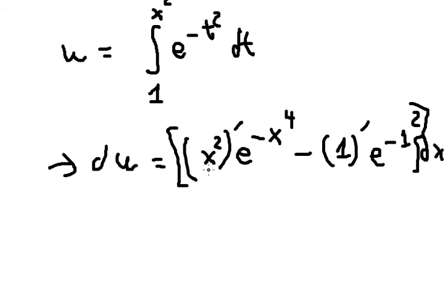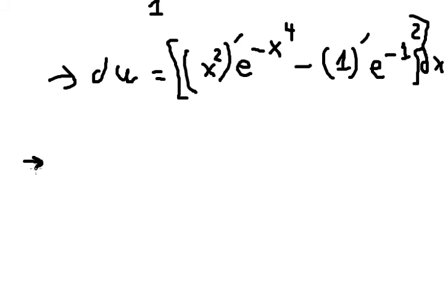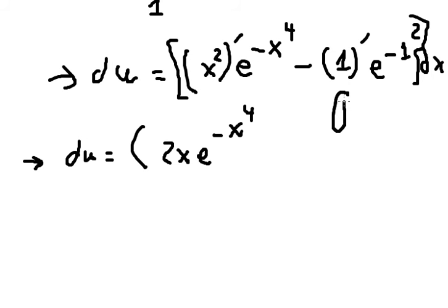So we do first derivative of s squared, and we have 2s. This one, that is about the constant, so you got number 0. So now we just have only 2s e to the power of negative s to the power of 4.